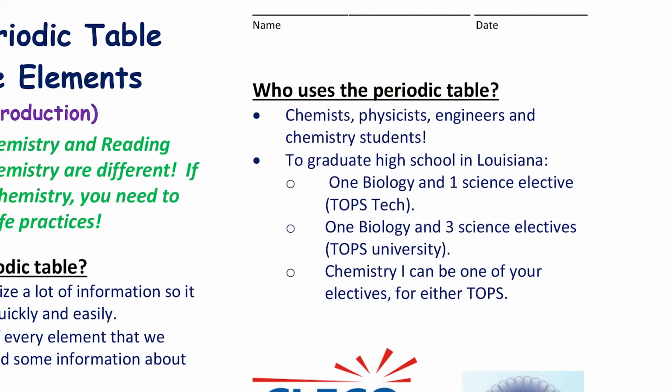Which leads me to the next question of who uses the periodic table. Well, chemists definitely use a periodic table, and physicists and engineers, but the biggest users of the periodic table may be chemistry students. If you are planning on graduating from high school in Louisiana, then you will perhaps be taking a chemistry class.